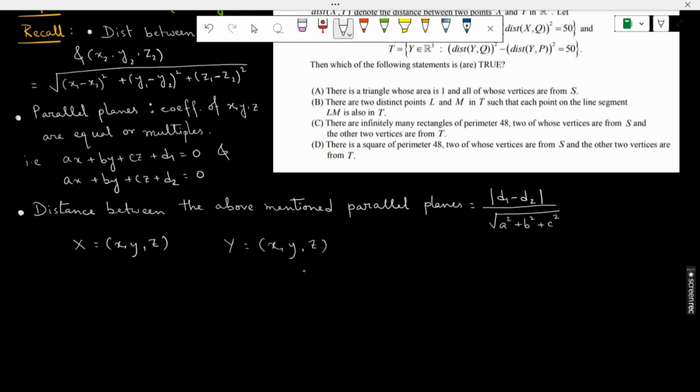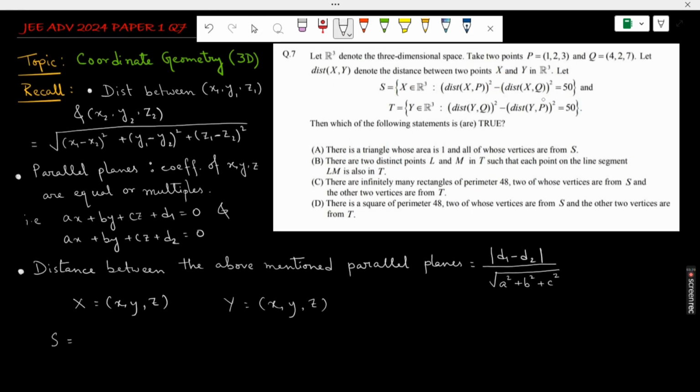Now to simplify S, we have S equals the set where distance of X to P squared minus distance of X to Q squared is equal to 50. P is (1, 2, 3) and Q is (4, 2, 7). We need to use that.